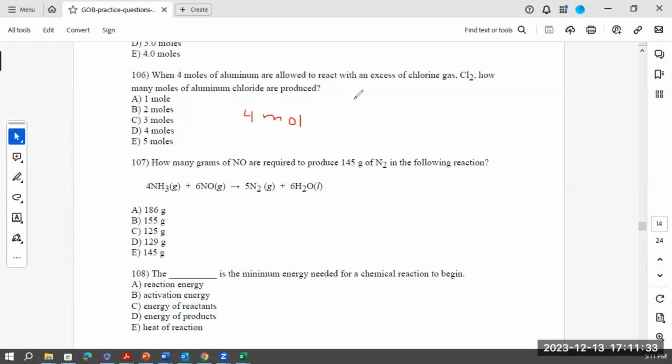So we know that we're working with aluminum, Al, plus chlorine gas, so it's Cl2. And we know that that's going to make aluminum chloride. So what is the chemical formula for aluminum chloride?